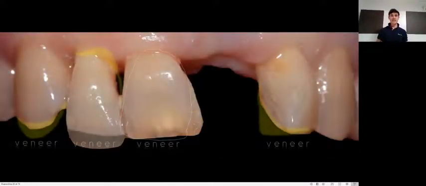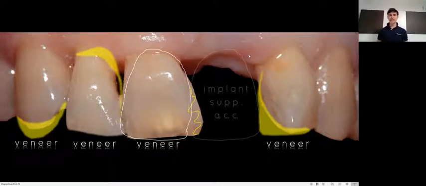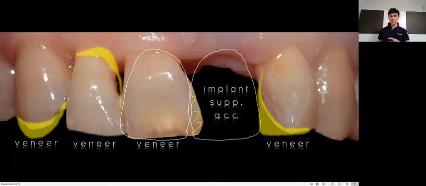This is the definitive treatment plan with a veneer in this area, with a veneer in this area, and another all ceramic restoration here and here, and the all ceramic crown supported by an implant in the left central incisor area.